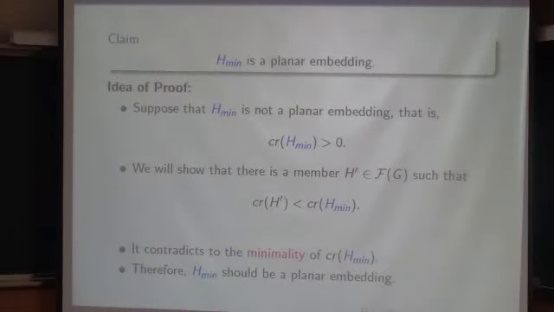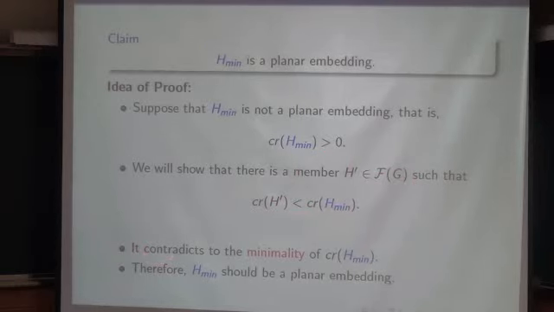So we will use a proof by contradiction, right? So suppose that H_min is not a planar embedding, that is, the crossing number of H_min is positive, equivalently there is some edge crossing in H_min, right? Then we will show that there is a member H prime such that the crossing number of H prime is smaller than the crossing number of H_min, right?